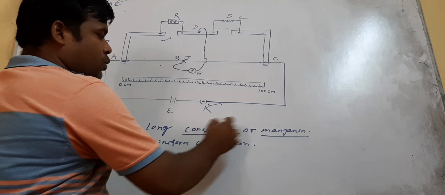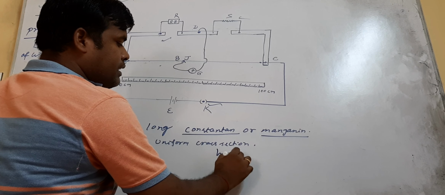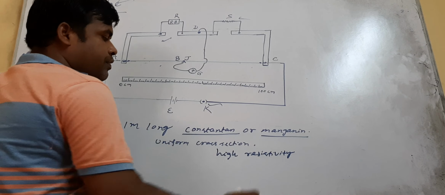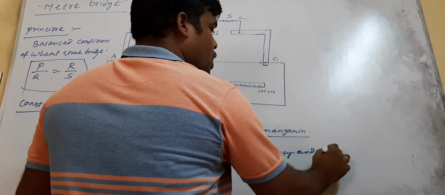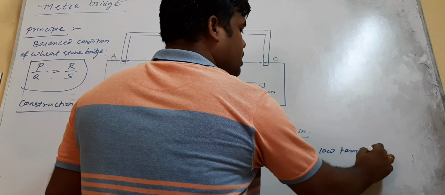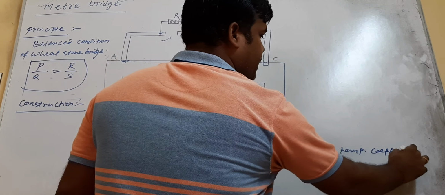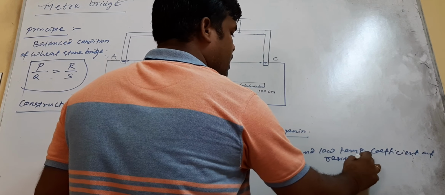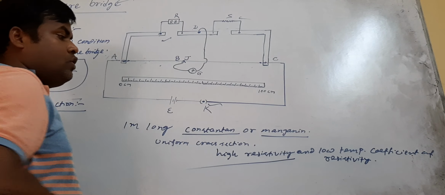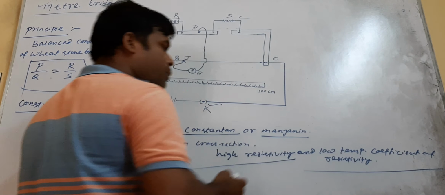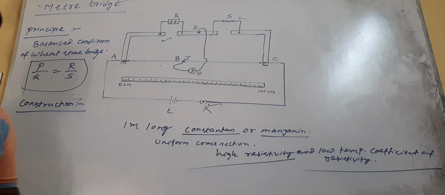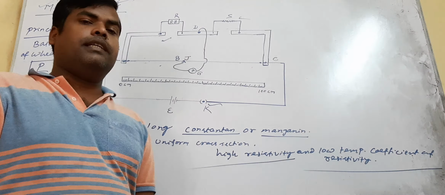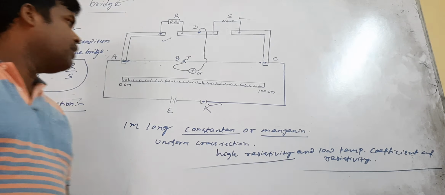These alloys or these wires have high resistivity and low temperature coefficient of resistivity. High resistivity, it is understood. What is low temperature coefficient of resistivity? That means when you increase the temperature, the variation of resistivity is very small.